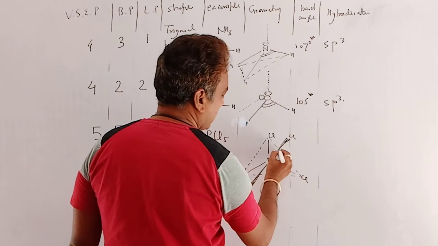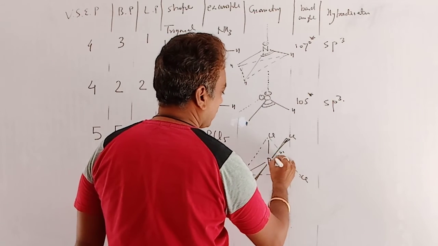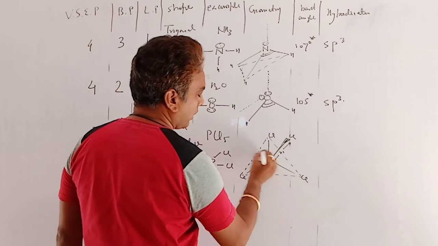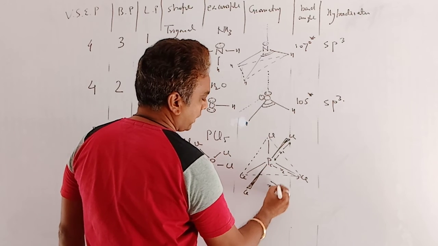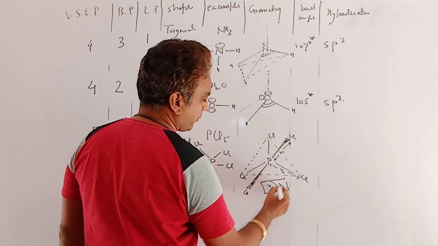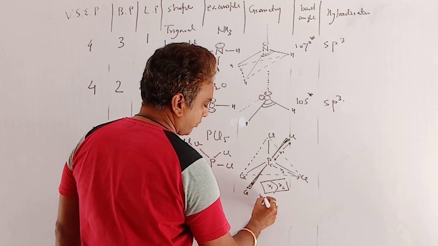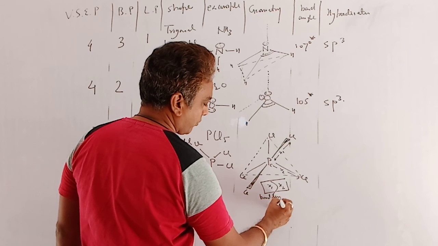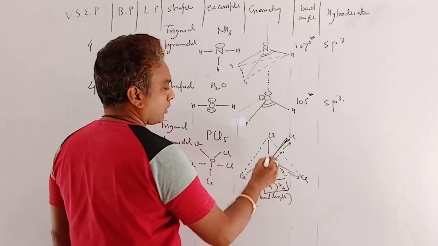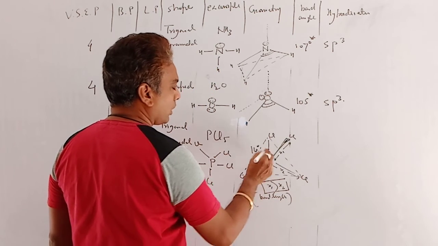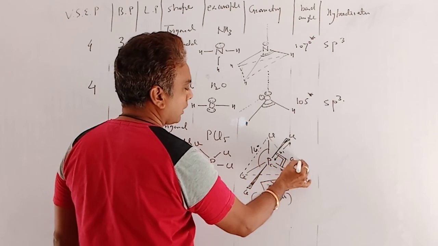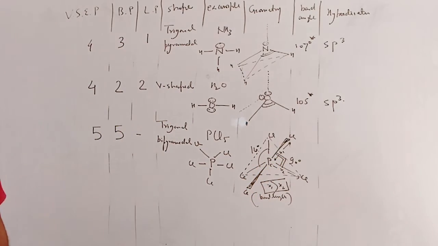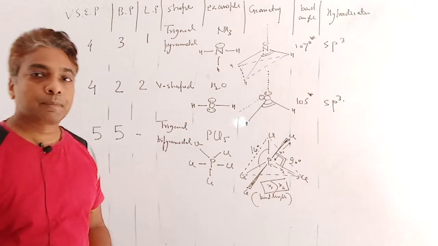So these are axial, if the bond length is x1, and these are equatorial, bond length is x2, then x1 is greater than x2. Bond angle here is 120 on planar side, but outward and inward here is 90 degree. Clear? One more question is asked.